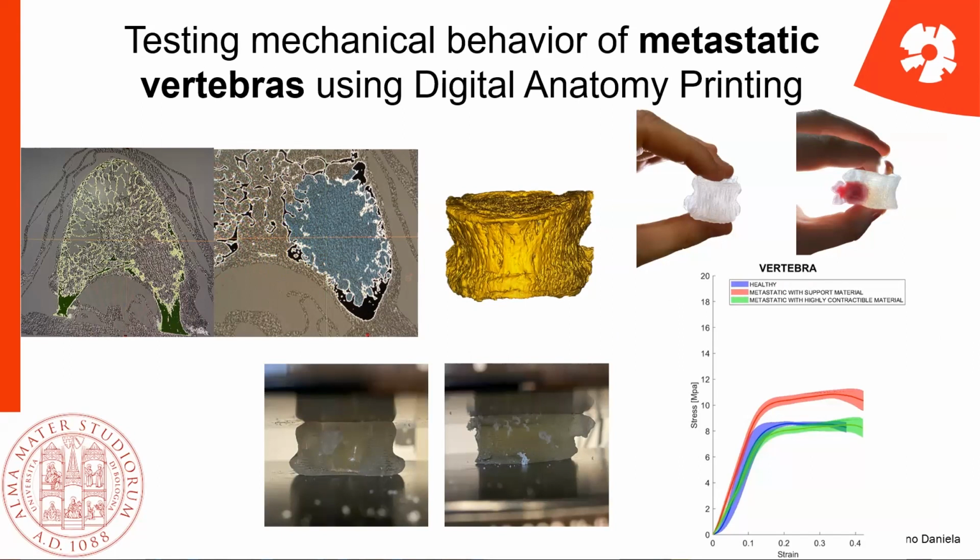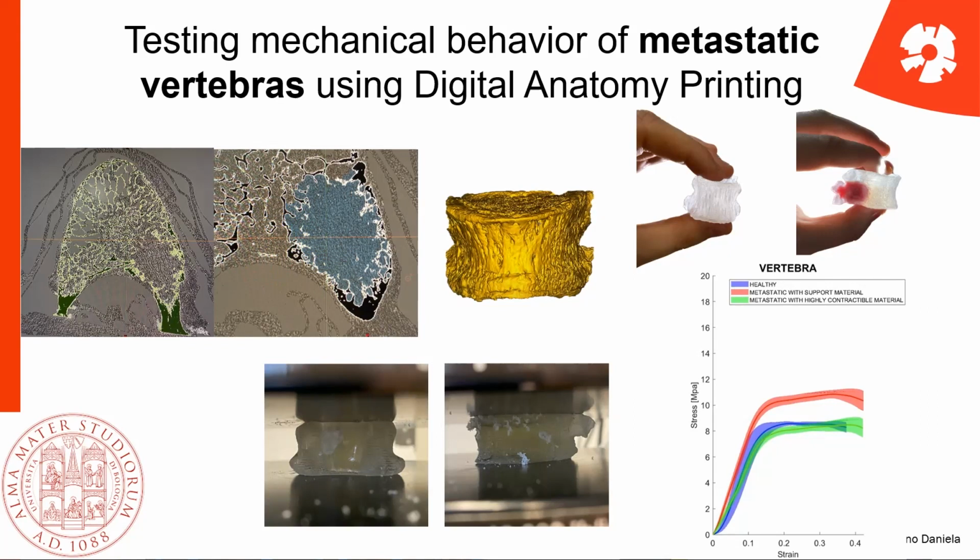One is in collaboration with the University of Bologna, where we are looking at metastasis of vertebrae and normal vertebrae in order to understand if we can use 3D printed models to evaluate the differences in mechanical properties.